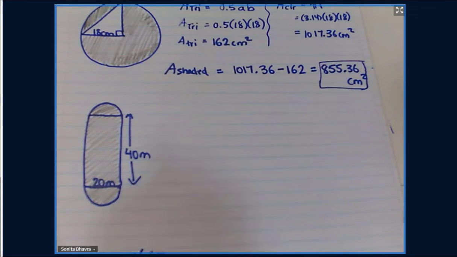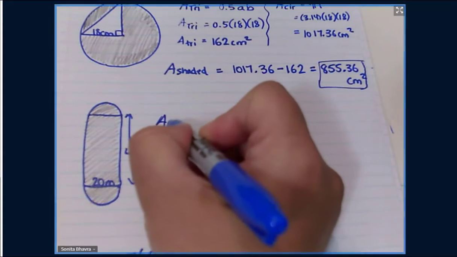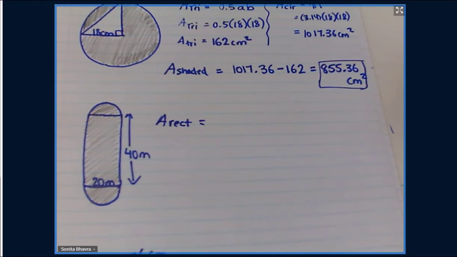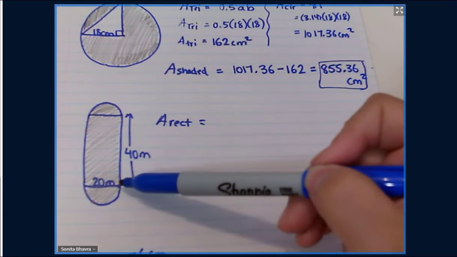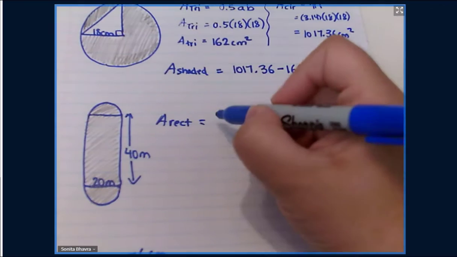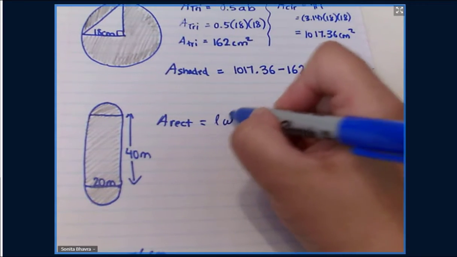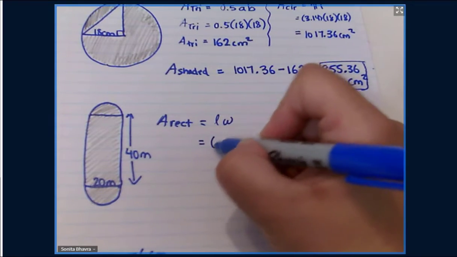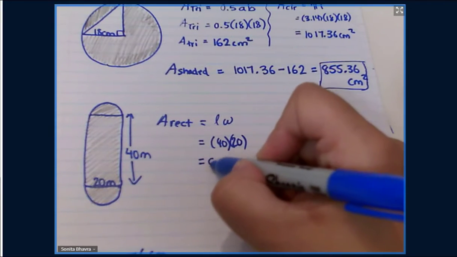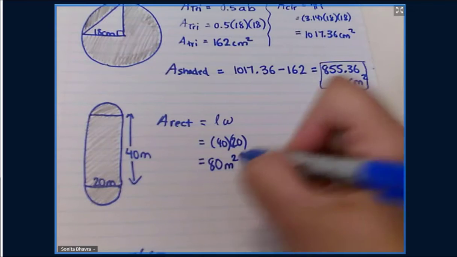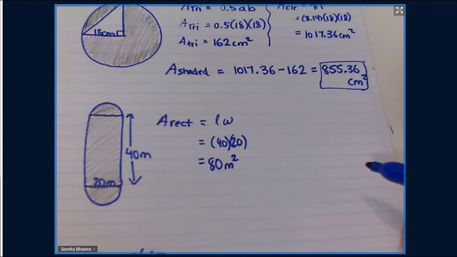Area of the rectangle is length times width, right? So we have 40 times 20 for the rectangle, which gives me 80 meters squared. Okay, so that's for the rectangle.